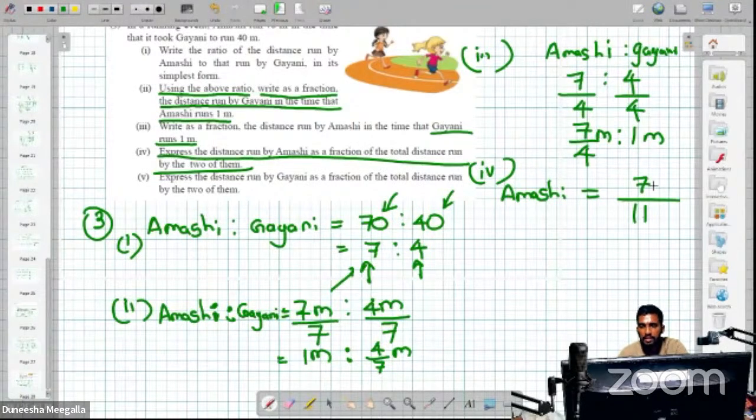So 7/11. Then the fifth one: express the distance run by Gayani as a fraction of the total distance. What is the relevant ratio? 4. Total factor is 11. Did you understand that?